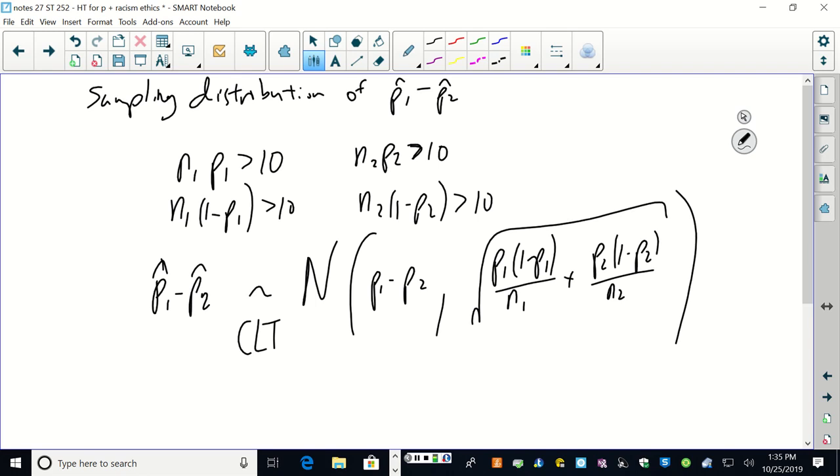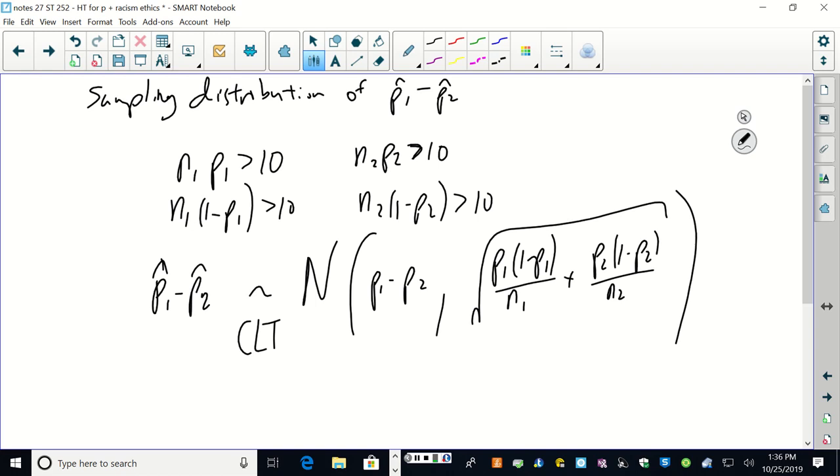And so we base a confidence interval for P1 minus P2 on P1 hat minus P2 hat plus or minus a normal multiplier like 1.96 times an estimate of this standard error. And the traditional thing to do is just plug in P1 hat and P2 hat in there.